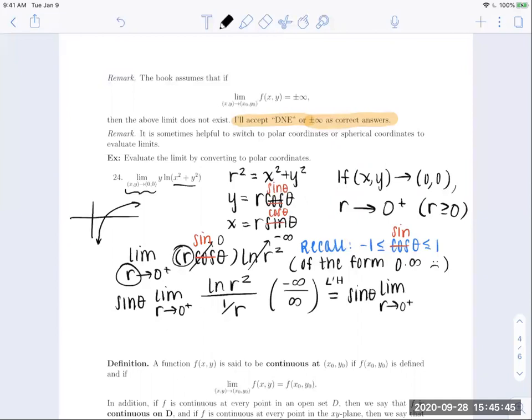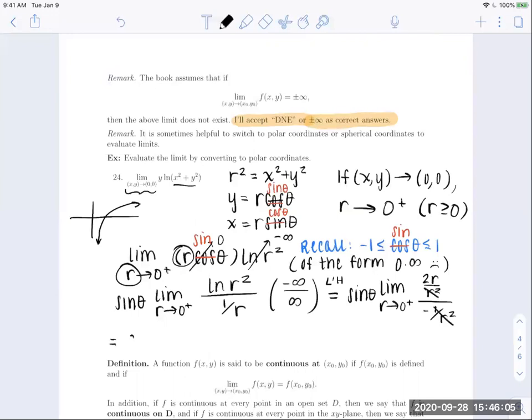All right, so the derivative of the natural log of r squared is 1 over r squared times the derivative of r squared, which is 2r. And then the derivative of 1 over r, that's an r to the negative 1, so this becomes negative 1 over r squared. So let me multiply by the reciprocal, which is going to cancel these r squareds out.